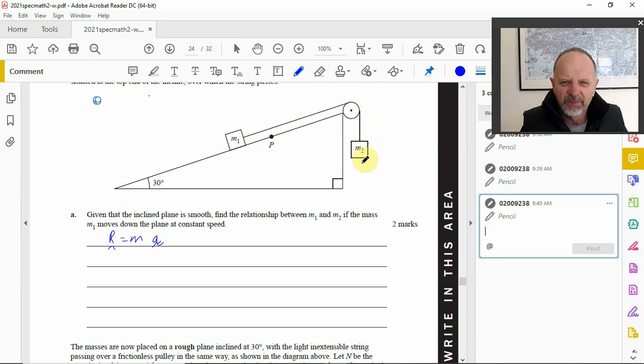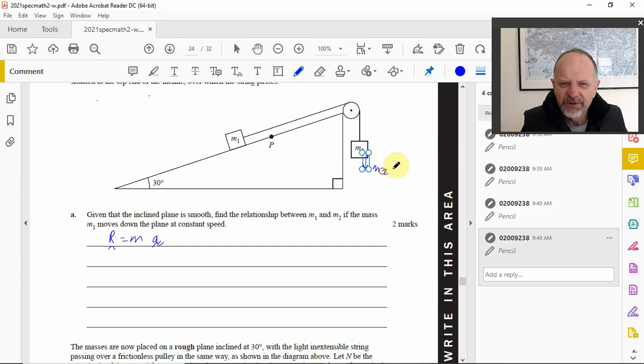M2 is going to move in the positive direction, but M2 has a weight force, M2G, and so that would be acting in the negative direction. All right, so mass 1 has a weight force itself, which is M1G.